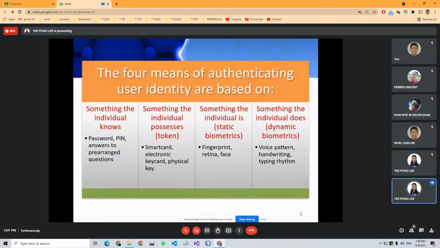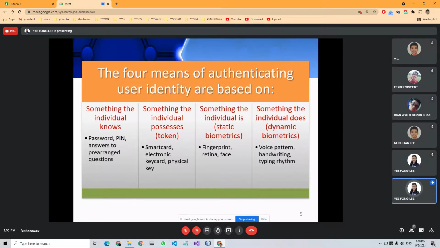So here there are four types of user authentication. First, based on what we know, something we know like a password or PIN numbers. Second, based on what we have: a smart card, key card, or physical key.